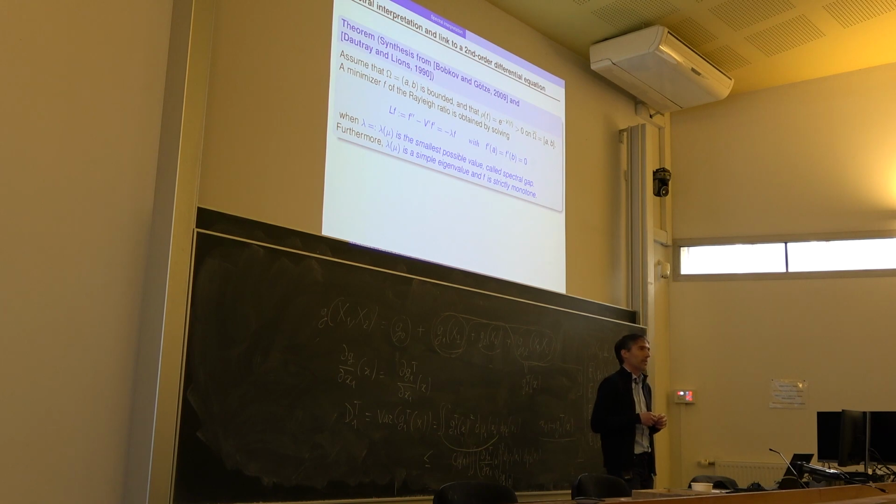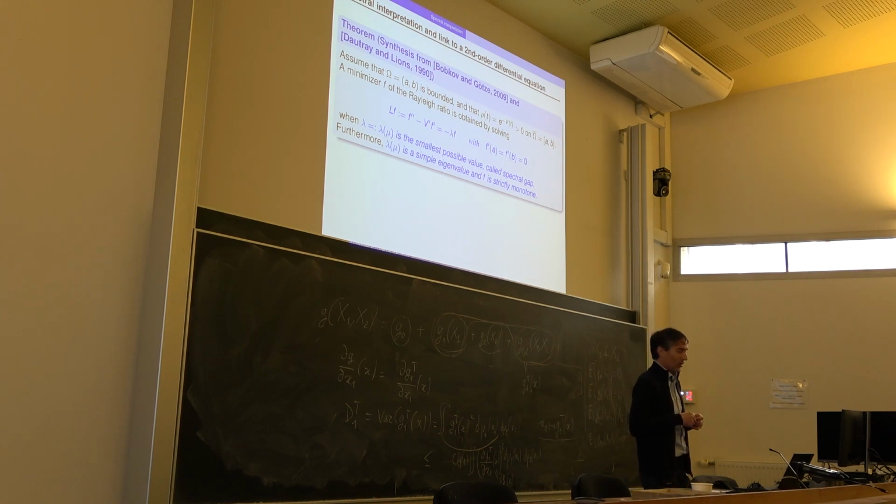And the theory tells you that if you solve this spectral problem and you look for the smallest eigenvalue, then it is exactly what you want for the Poincaré constant. So you will find the minimum of the Rayleigh ratio.